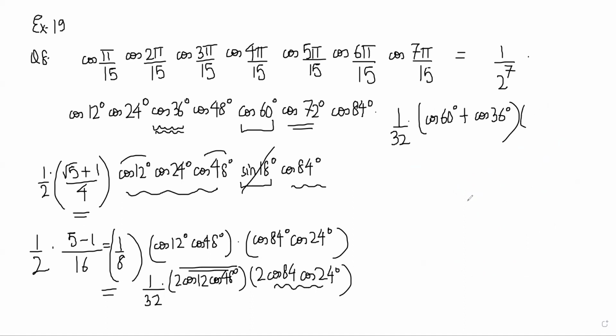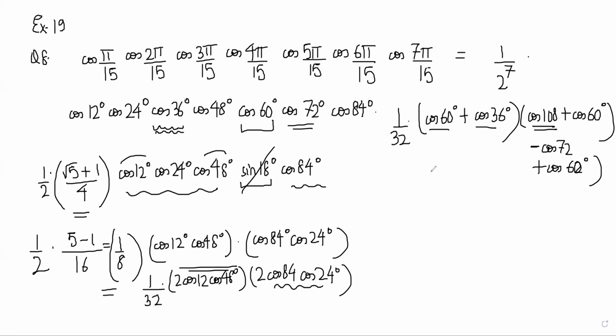And similarly, here you are getting cos of 108 plus cos of 60, right? And cos of 108 can be written as minus cos 72, because cos of 180 minus theta is minus cos theta, right? Yes.